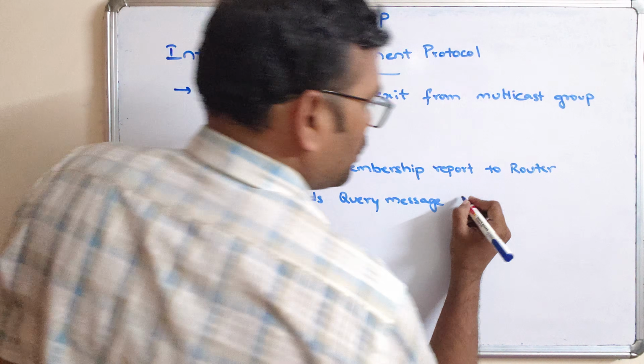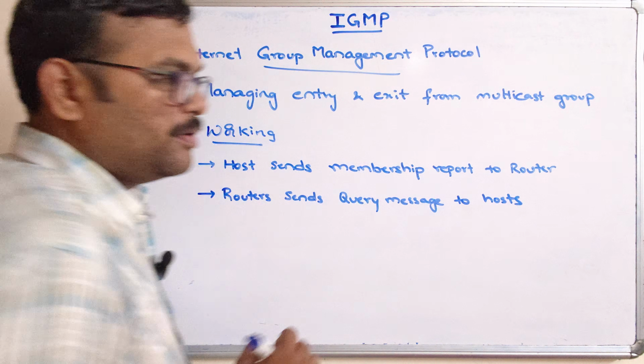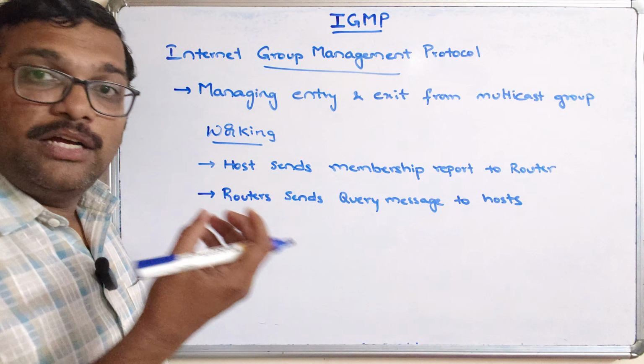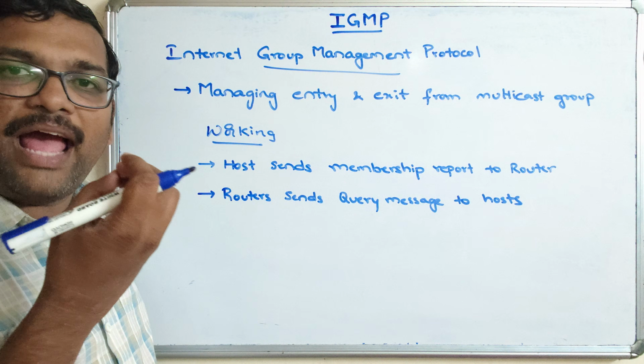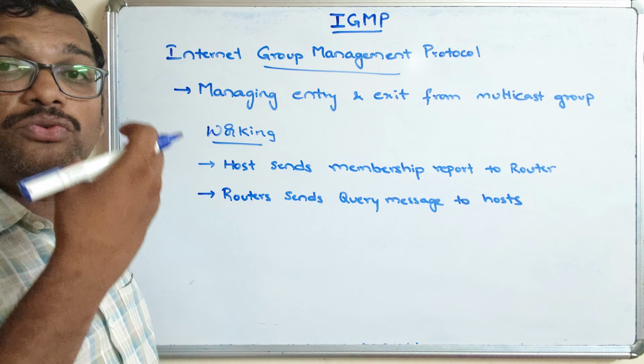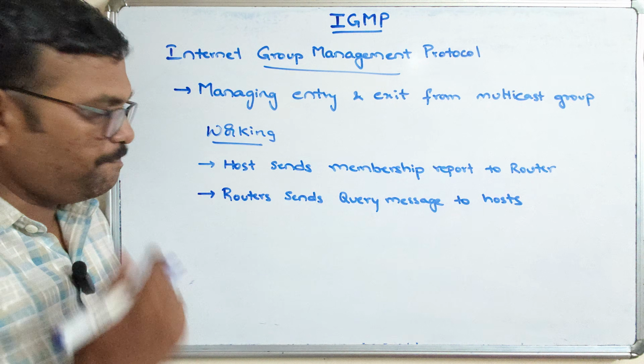Okay, to all the hosts. So it will send some message to hosts to identify which are active and which are not active. That means which want to receive the data and which don't.